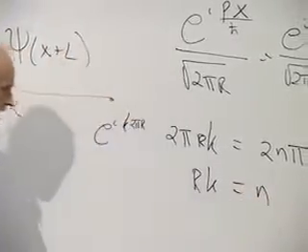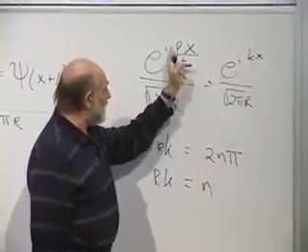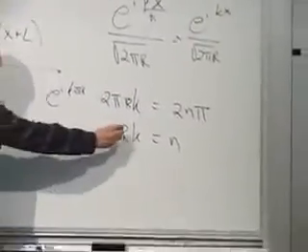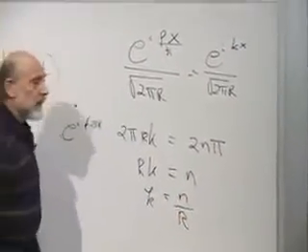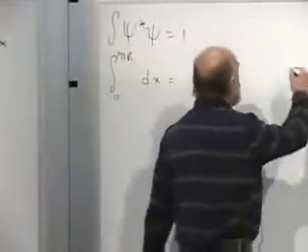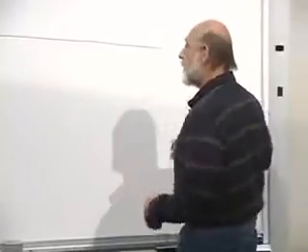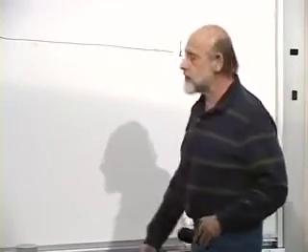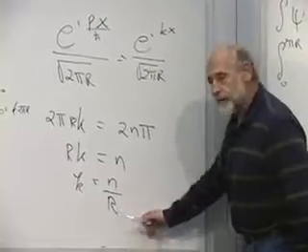an integer. Or that the eigenvalue k, this is the eigenvalue of the momentum, or strictly speaking, it's the eigenvalue of the momentum divided by h bar. The quantity k is quantized in units of n over r. Now, this means that if I were to plot on the horizontal axis here the spectrum of possible values of k, I'm not making a graph, I'm just going to put down all the possible points k, they form a discrete collection with a spacing which is 1 over r.